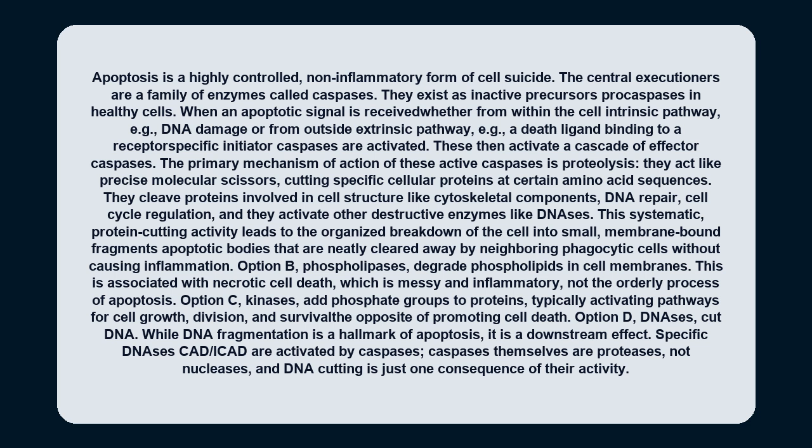Option D, DNases, cut DNA. While DNA fragmentation is a hallmark of apoptosis, it is a downstream effect. Specific DNases, CAD/ICAD, are activated by caspases. Caspases themselves are proteases, not nucleases, and DNA cutting is just one consequence of their activity.